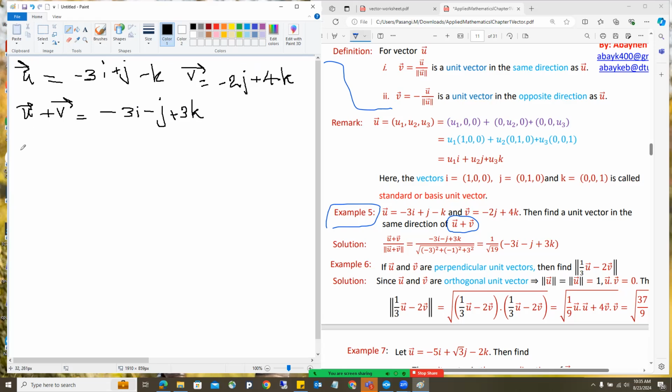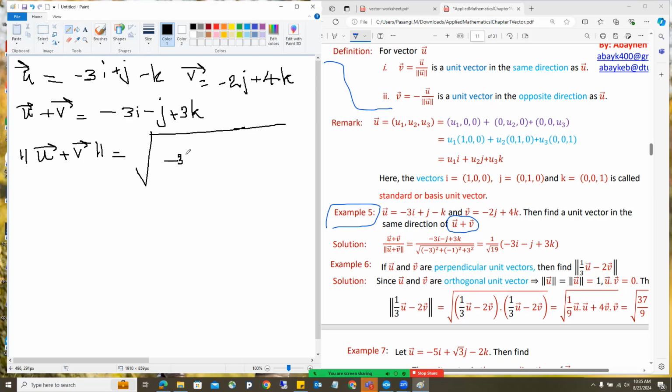Then we have to find the magnitude of this one. To do that, we square all the components, add them together, and take the square root.